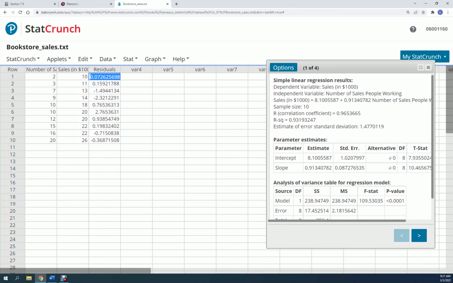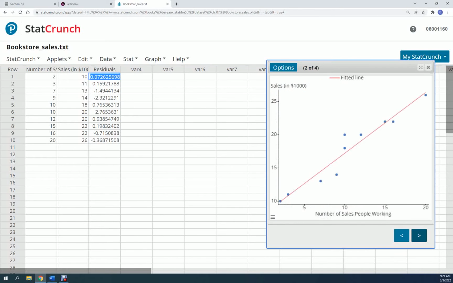So let's look at the model so we can see what we're talking about here. So here's the model, and you can't really see it because it's very close, but this is the model. Here are my actual data, and this is the best fit line. A large residual is a point that's going to be very far away from the line, like number 4.